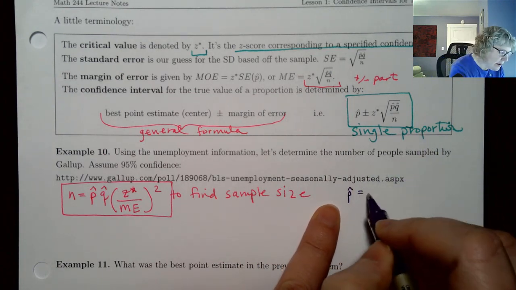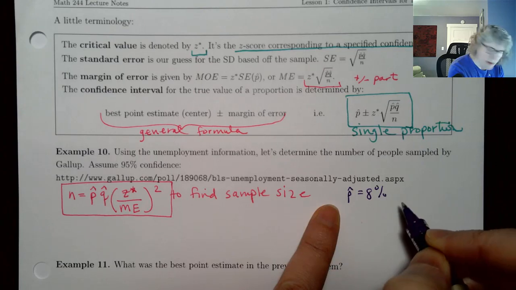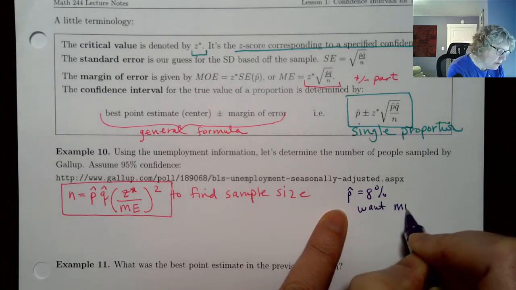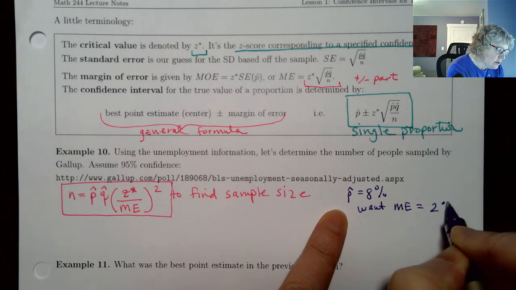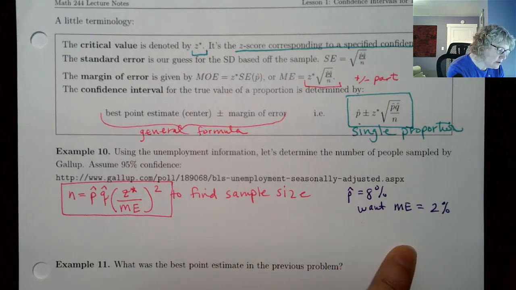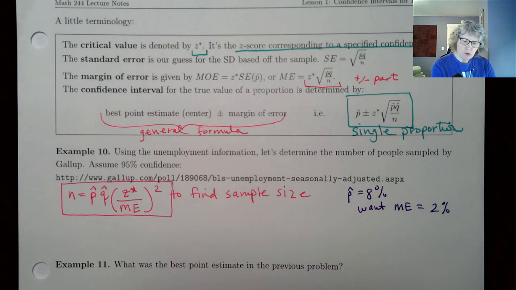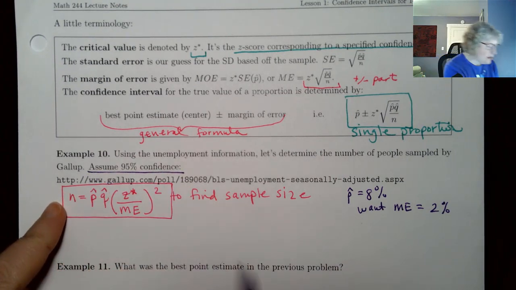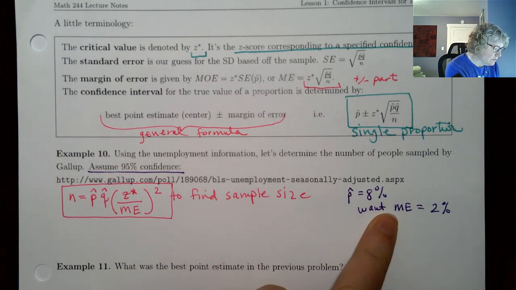And the p hat, the unemployment rate they had at the time was 8%. And then we want a margin of error to be 2%. Okay, so the questions you'll see like this say, and they give you a specific confidence level. This does say assume 95% confidence.